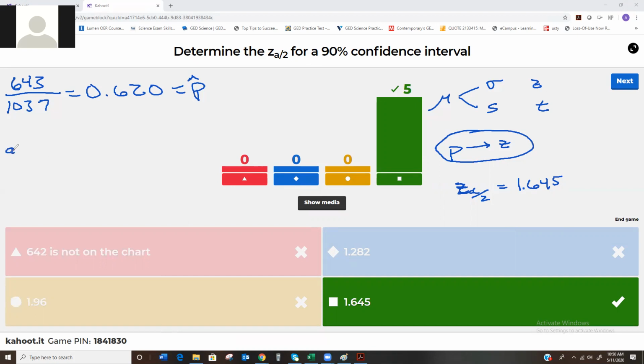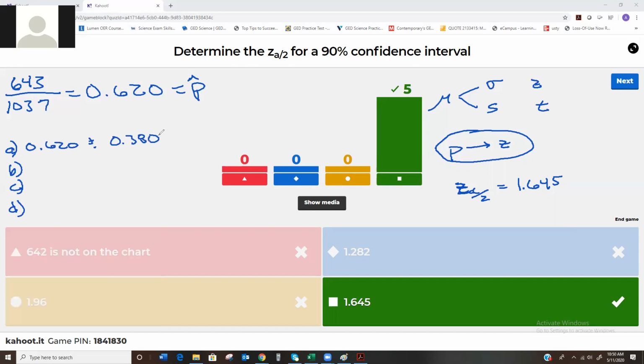On this one, I think the correct answer would have something like, I can't remember what I did all for Z, but oh, I know. The first one says what's p hat, q hat. So it would be 0.620 and 0.380.